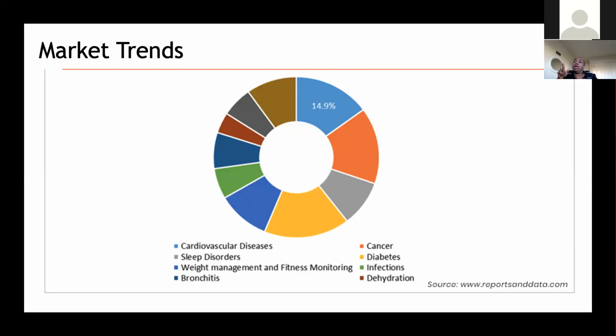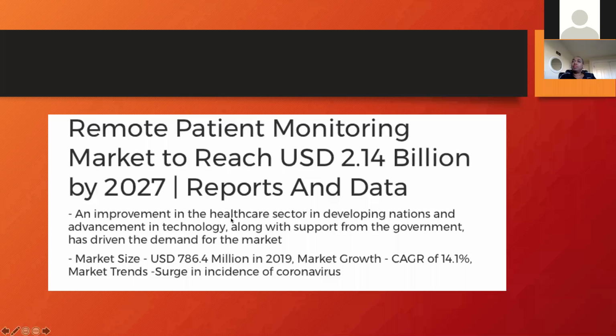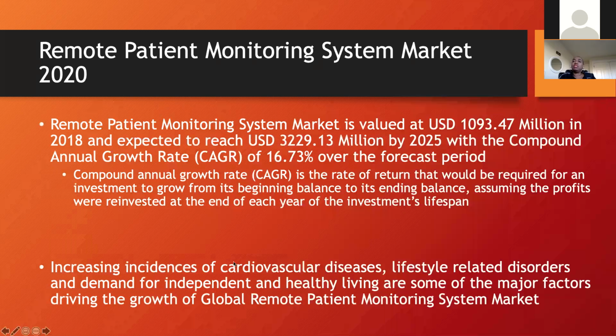So, for example, 14.9% is cardiovascular diseases. That's the light blue area here. Big opportunity there. And when we go back a couple of slides, it says increasing incidences of cardiovascular diseases, lifestyle-related disorders, and demand for independent and healthy living are some of the major factors driving the growth, right?